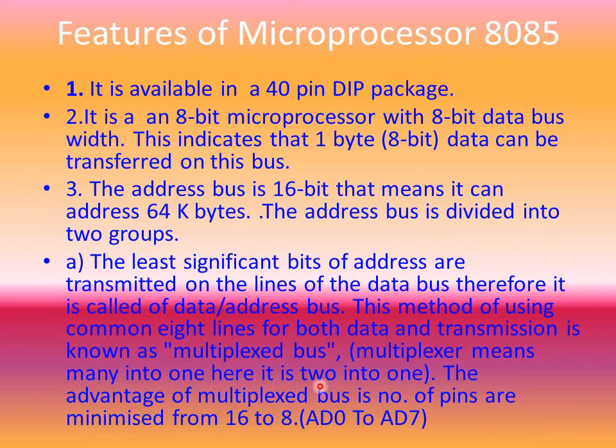So commonly it is known as the address data bus because it uses the same 8 lines of the address bus for the transmission. And this concept, where many things are used for one purpose, is known as a multiplex bus. So data bus bits are AD0 to AD7.